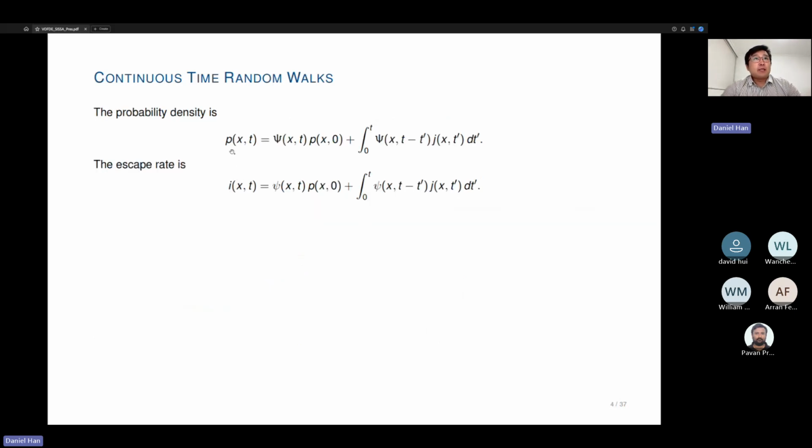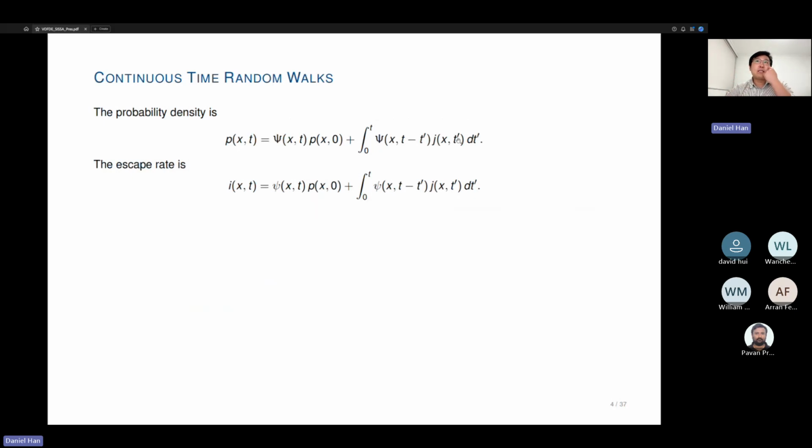So you have a probability density of finding your random walk at some position x at time t. You can describe that probability as the probability that you survived up to time t given your initial data at the position x, plus the positions that survived some smaller amount of time, t minus t prime, having arrived at that site x at t prime.